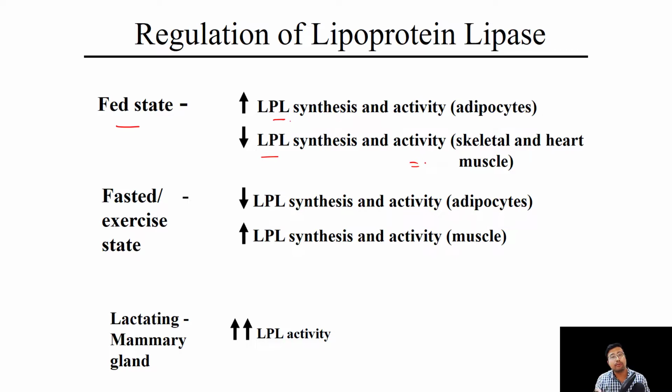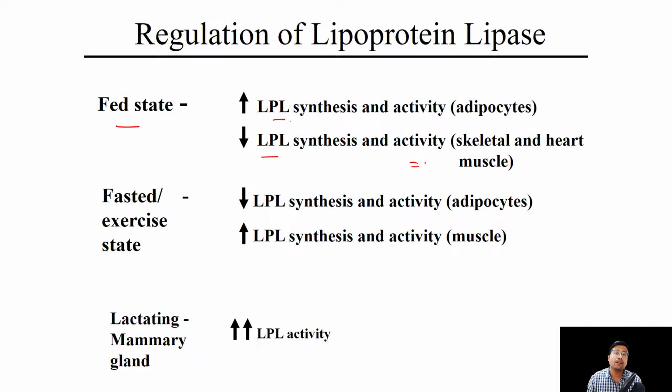Remember, the way lipoprotein lipase acts, it's reciprocal in adipocytes and in skeletal and heart muscle, because skeletal and heart muscle are using fatty acid as a food, and in case of adipocytes, they are using these fats to store them.